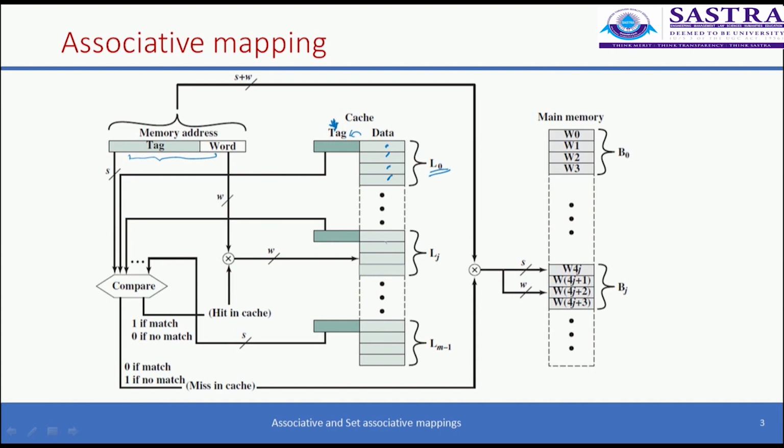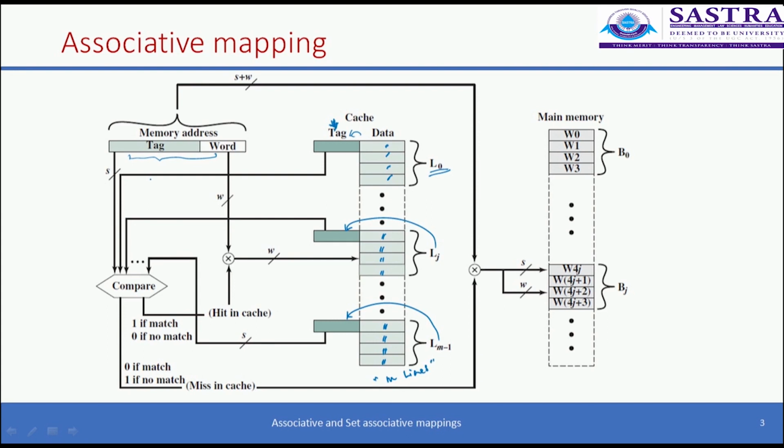Line number j has the same number of words and this tag. Line number m minus 1, the last line, has the same number of words, for example 4 words, and the tag of this one is this. So, totally m lines are available in this arrangement.